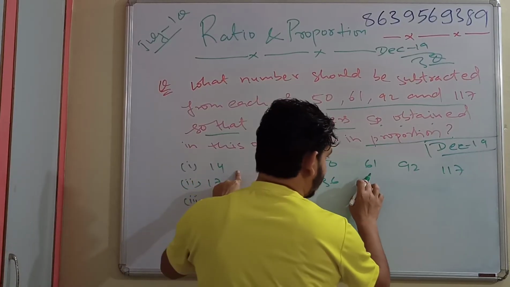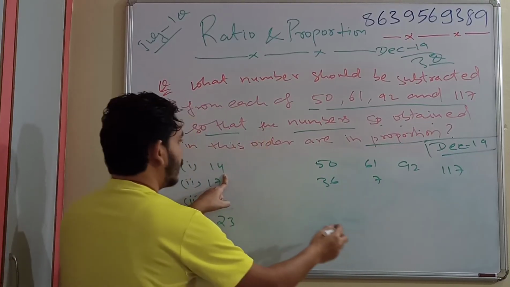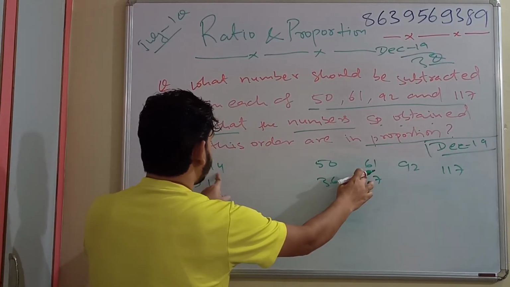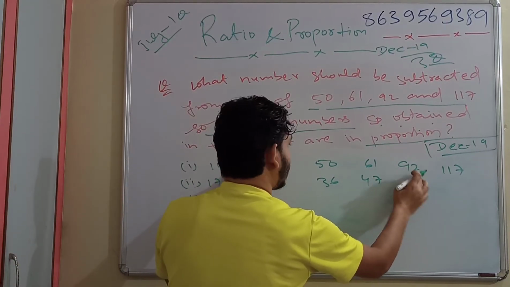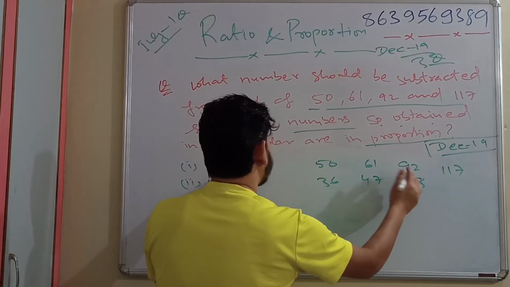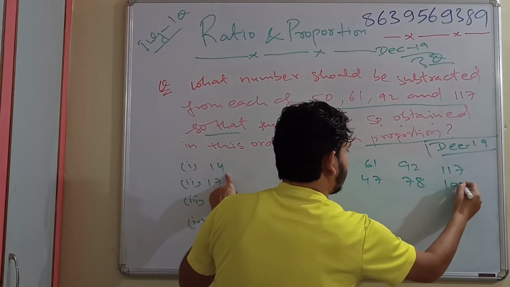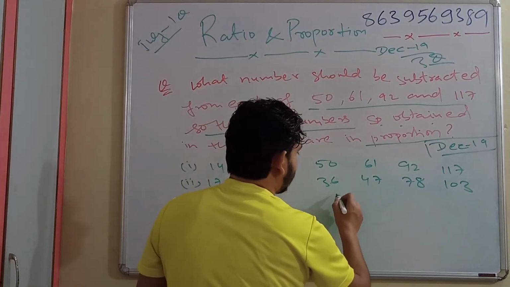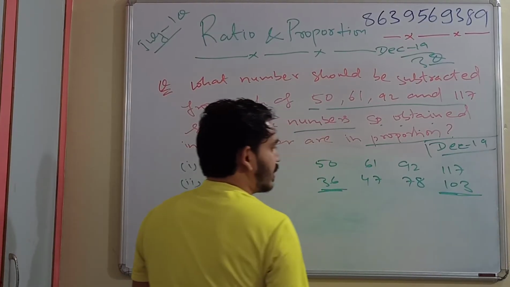When you subtract 14 from this number, 11 minus 4 is 7, 5 minus 1 is 4. Next, 12 minus 4 is 8, 8 minus 1 is 7. Then 7 minus 4, this is 103. 117 minus 14 is 103. When you multiply the two extremes, 36 into 103.